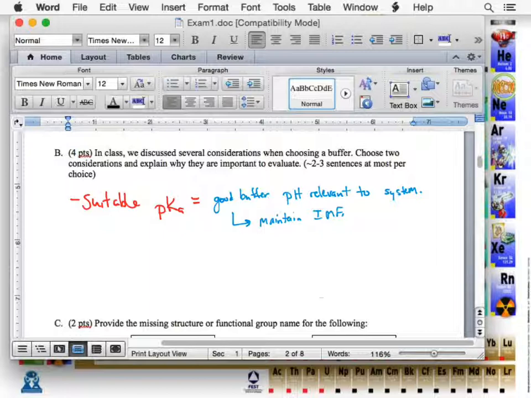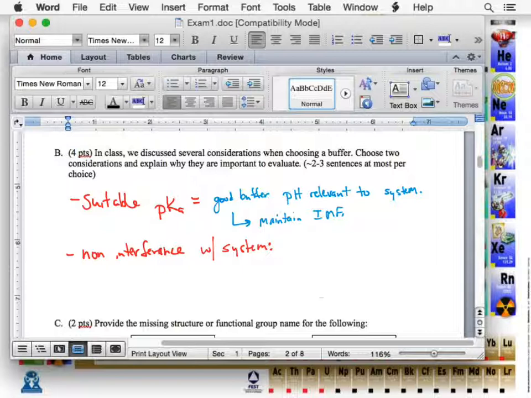Choose a buffer that won't interact with the system, to interfere with it. Non-interference with system. Why? Because you used the example of the carbonic acid in blood, where it could be affected by the CO2 and screw up what you're trying to look at.